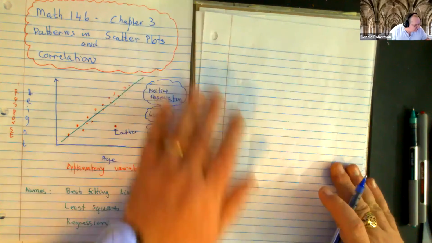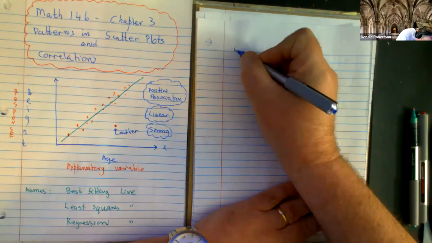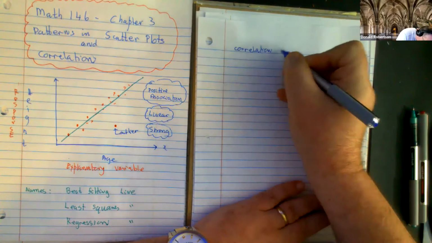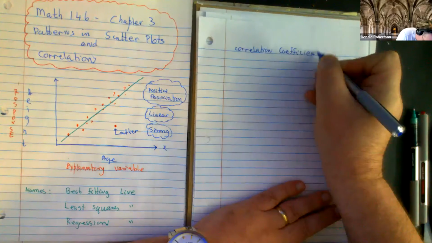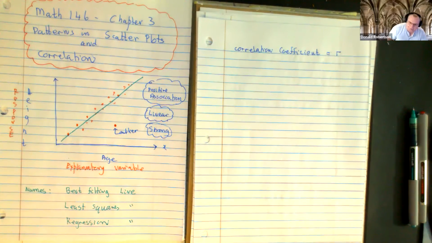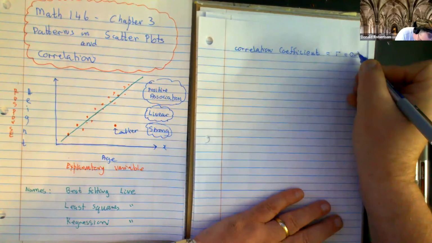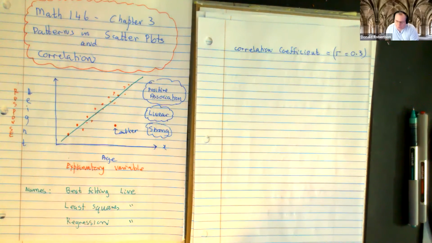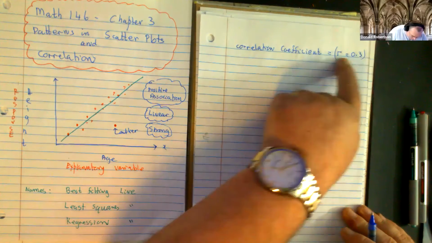And the next thing is also, I'm going to get it from this fella, is a variable called the correlation coefficient. And it's normally used as a little r. For instance, you might get a correlation coefficient of 0.3. So let me tell you about what information you get in this.